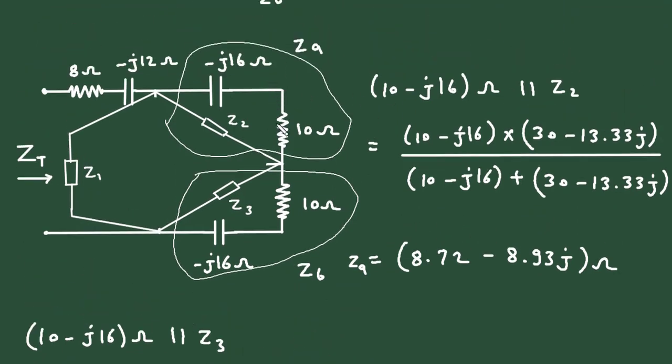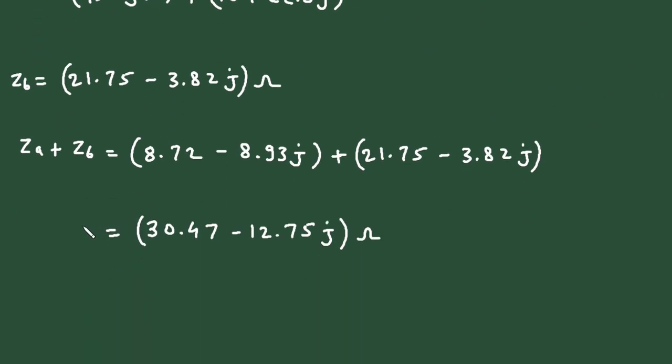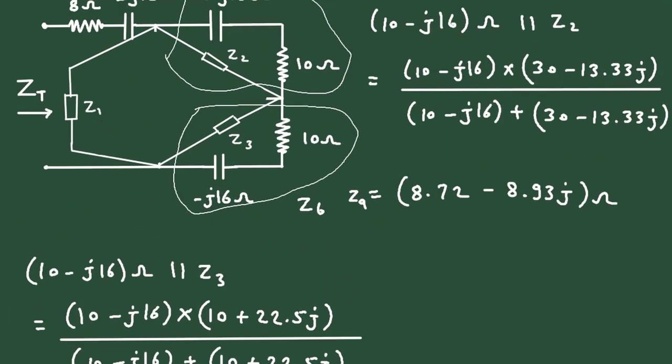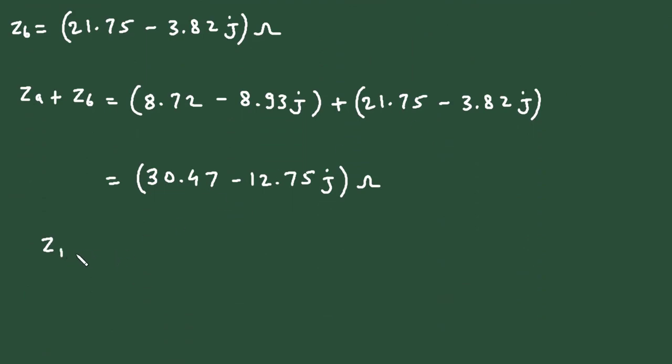Now these two are connected in series. Now they are in parallel with this Z1. So it will be Z1 parallel with ZA plus ZB.